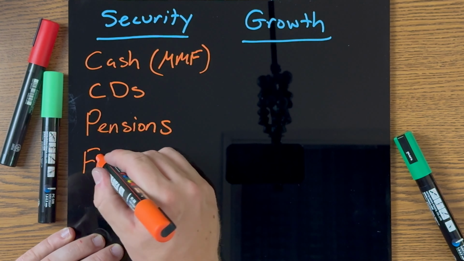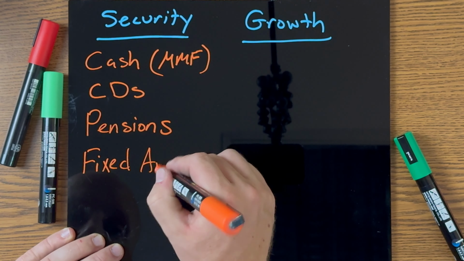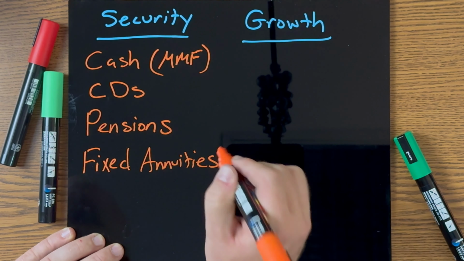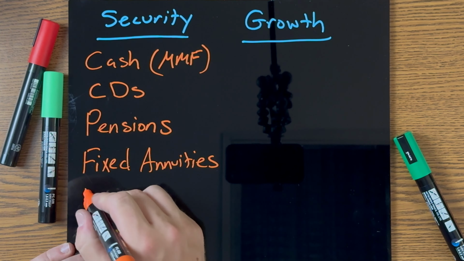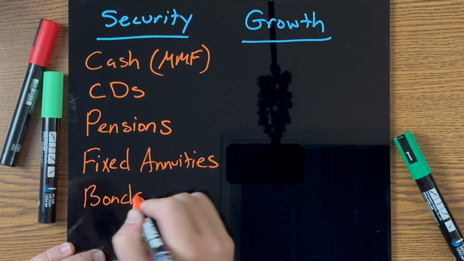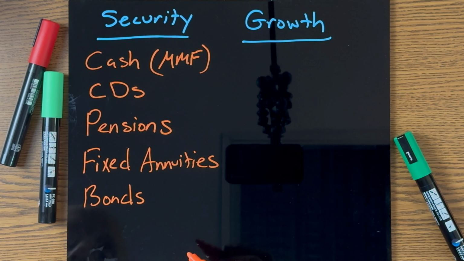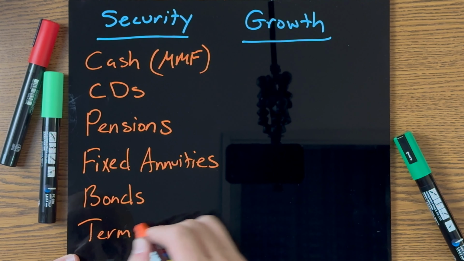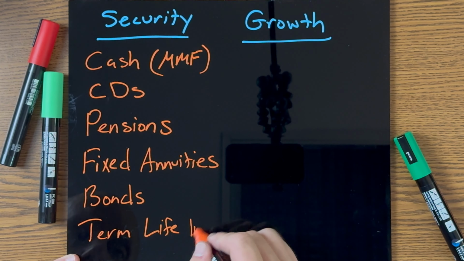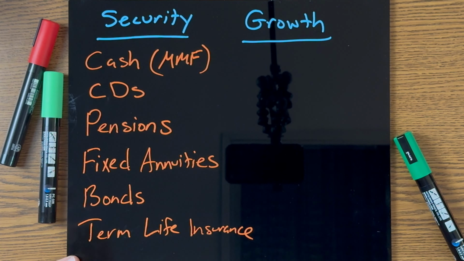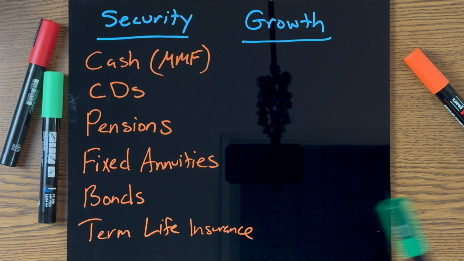Next is fixed annuities, which can be effective but are often complex and come with fees. We have bonds, specifically TIPS, which are Treasury inflation protected securities. And then last, I'll add in term life insurance here, not to be seen as an investment, but if you have a family, kids, or other dependents, this makes sure they will be financially cared for if something happens to you. If you were to pass away, they could take the proceeds from the insurance and turn that into an income stream.